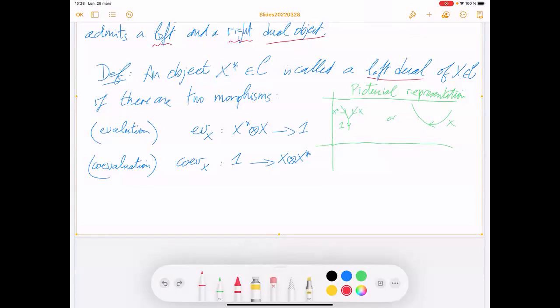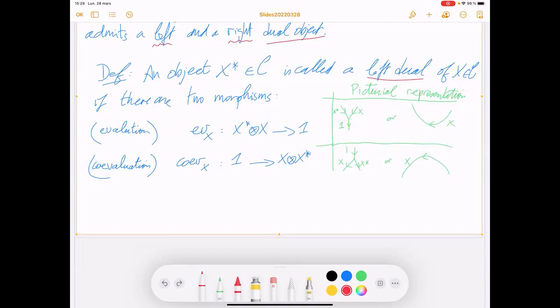Similarly, you can represent the co-evaluation map from 1 to X X star by a single arc like that, and again we keep the orientation of X.